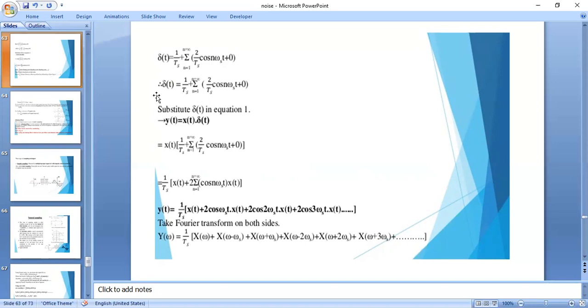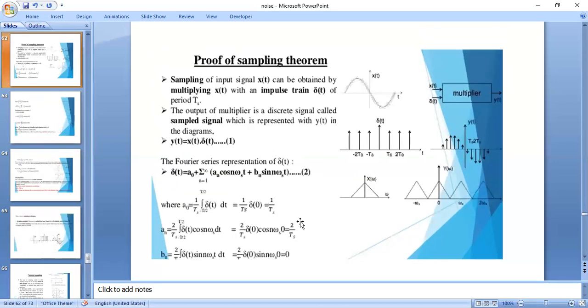If you substitute this impulse train in the original expression y of t is equal to x of t into delta of t, you will get the discrete time signal or the sampled signal. That sampled signal is 1 by ts x of t plus 2 by ts cos n omega s t x of t. Here omega s is nothing but the sampling frequency.